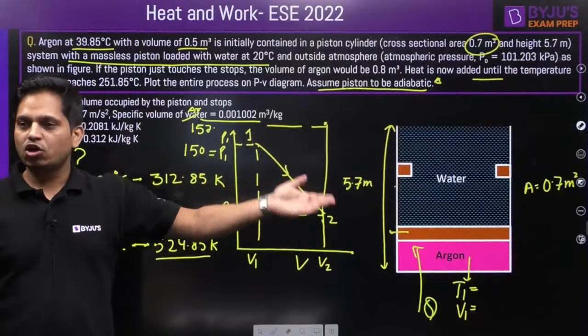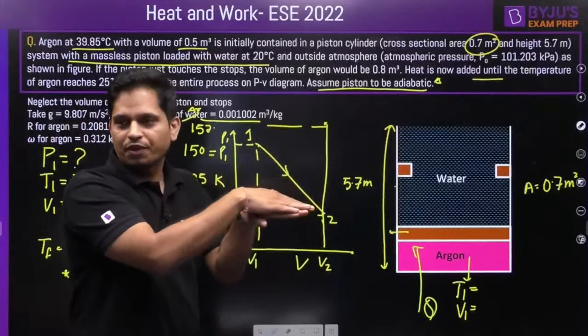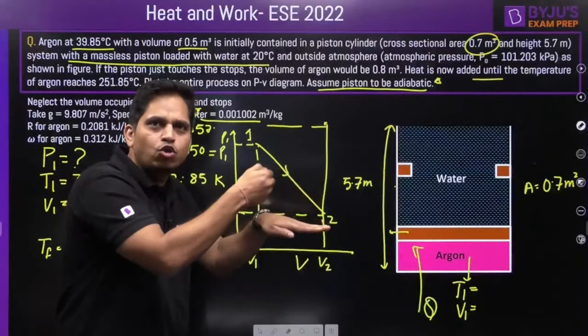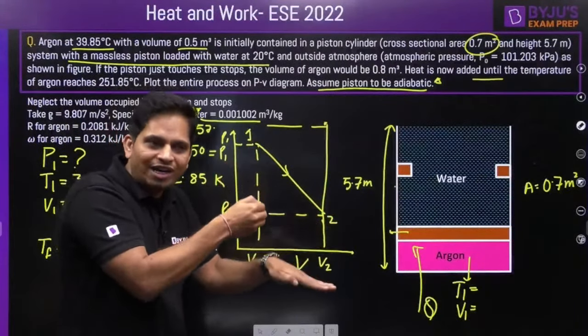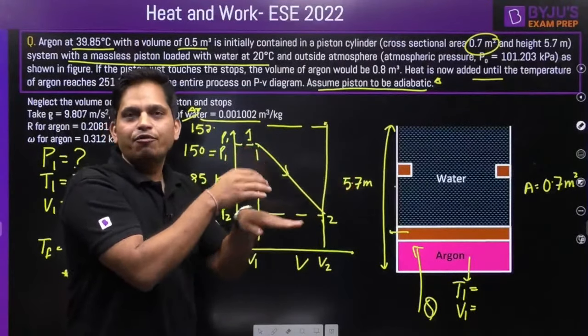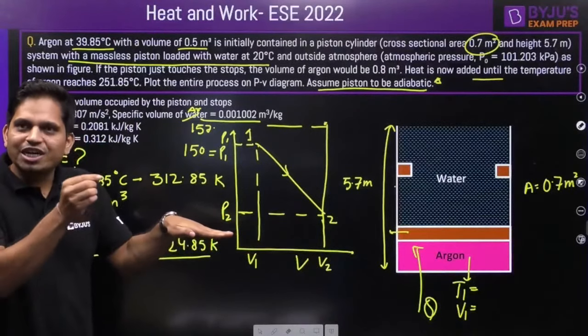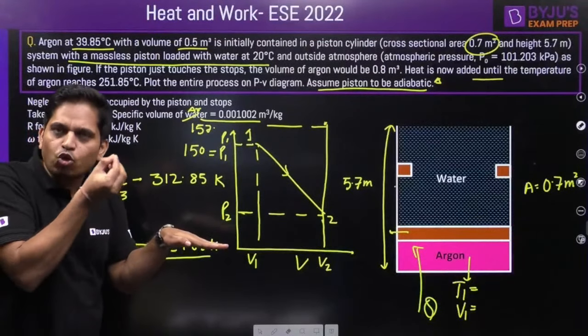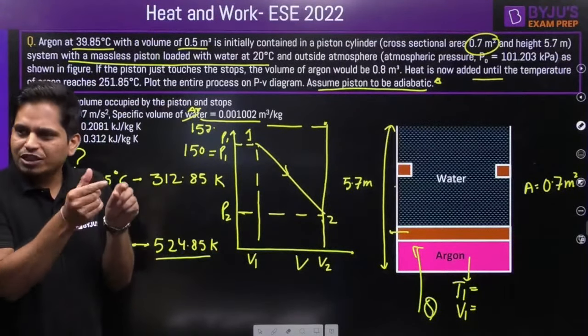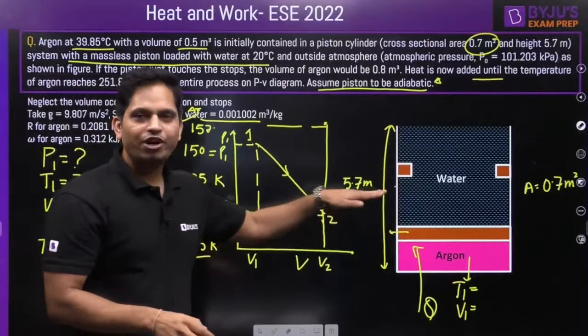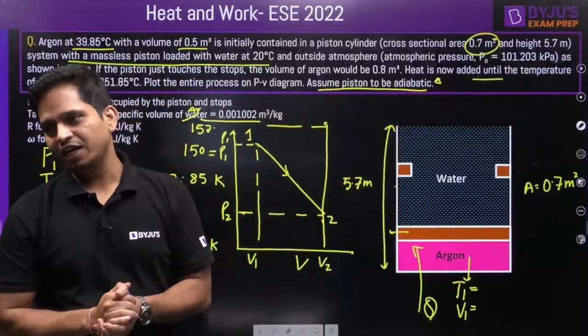For example, instead of water, if you put some weights on it, and you very slowly remove one weight and let the piston move up. If that kind of motion is happening, that means its pressure and volume are very slowly changing, and then we assume that it is a linear relationship.